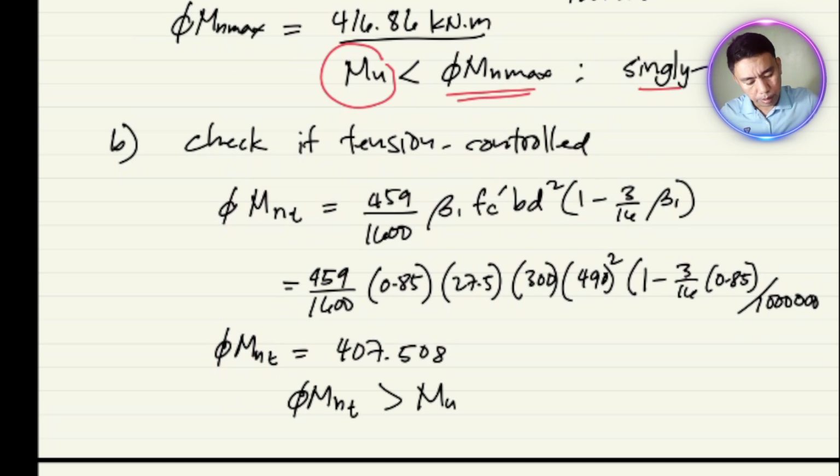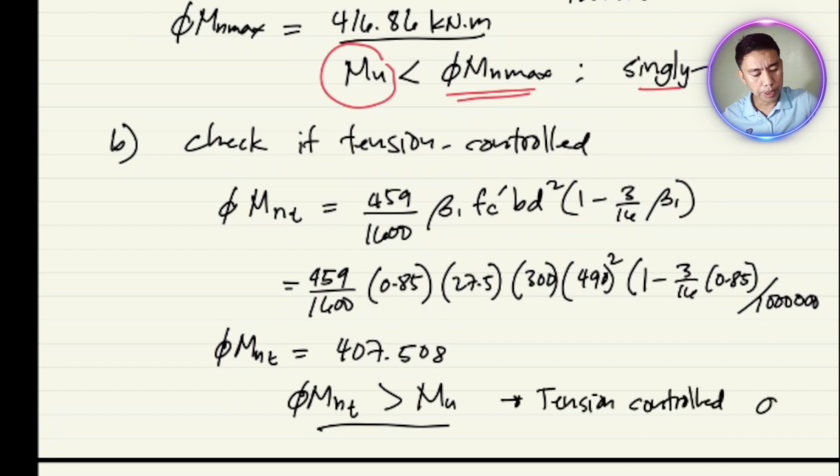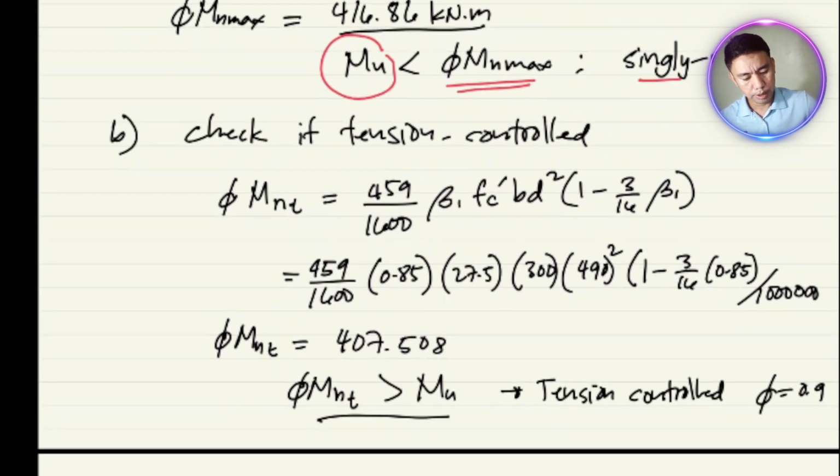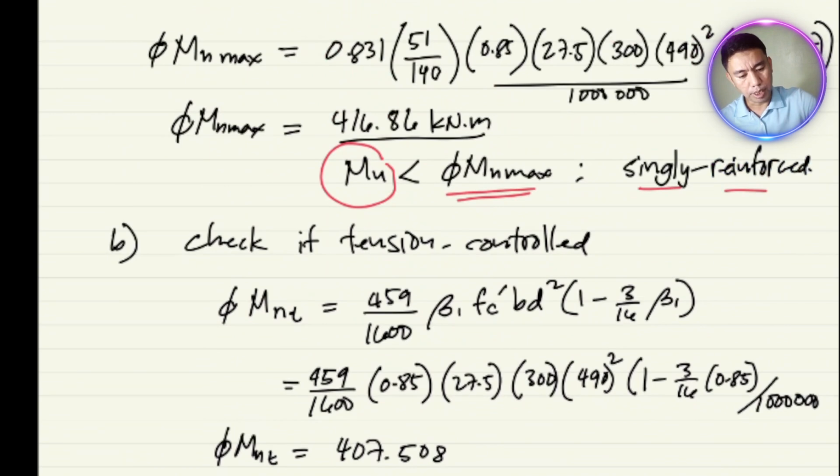So if that's the case, if phi Mnt is greater than Mu, then this is tension control. So if this is tension control, that means phi is equal to 0.9. Okay? So let me add page.